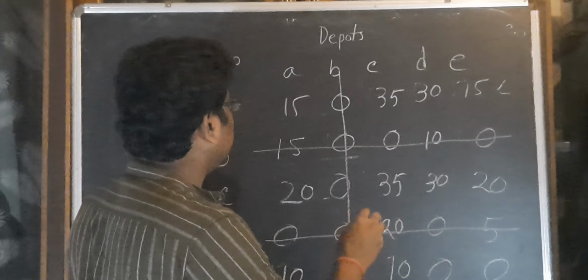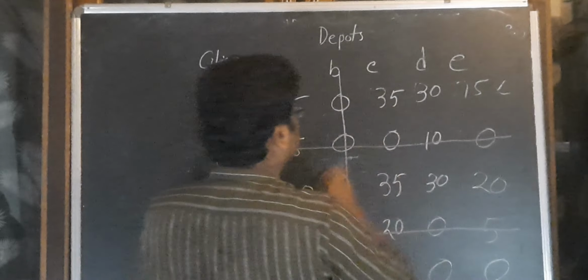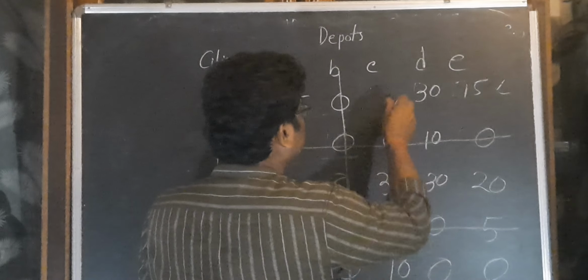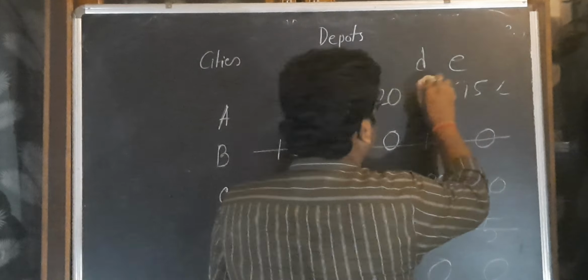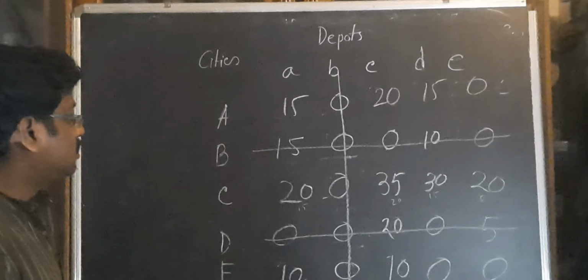Now I am subtracting 15 from here. It will be 20, 15, and 0.